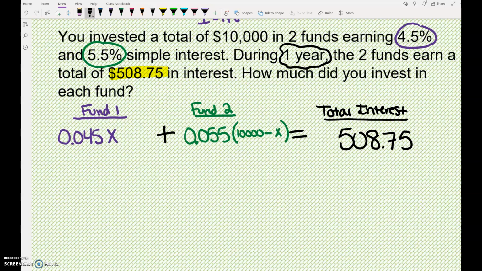All right, so we have 0.045x. What do you suppose we need to do with this 0.055 in the parentheses? Distribute. So let's take a moment and distribute.